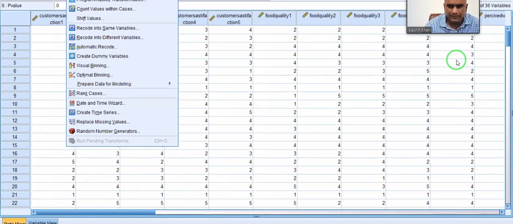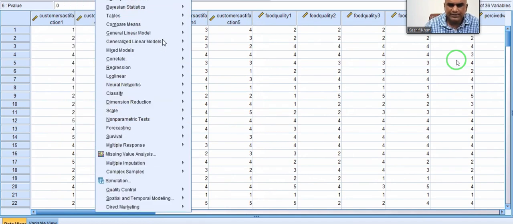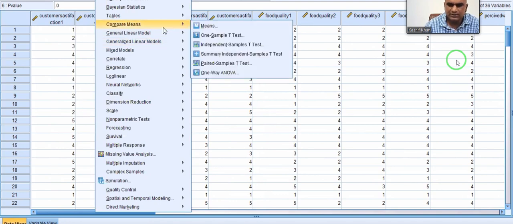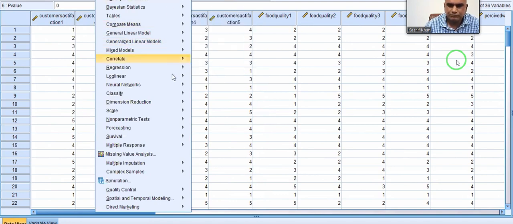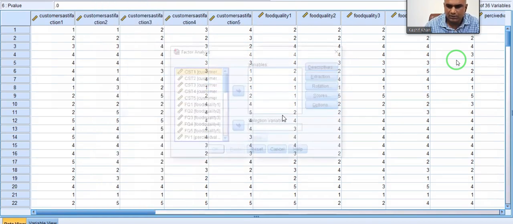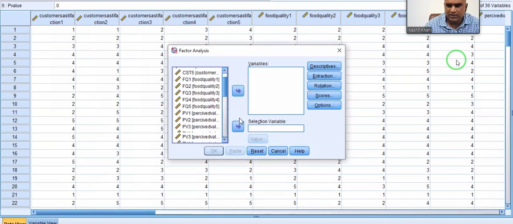Look what I'm doing here. I am doing my analyze, dimension reduction and factor. And now I'm not taking mean value.